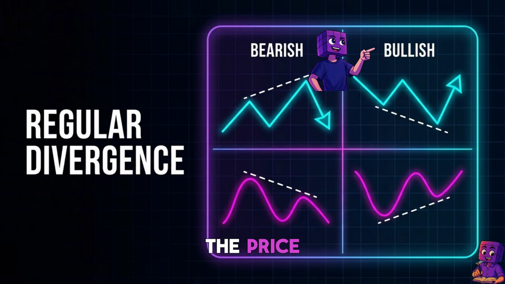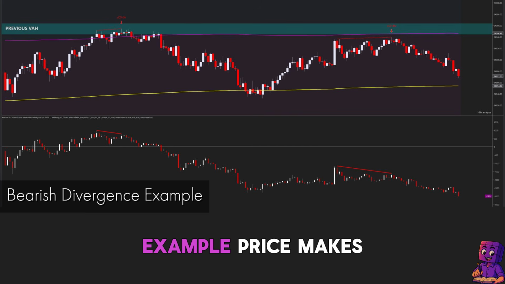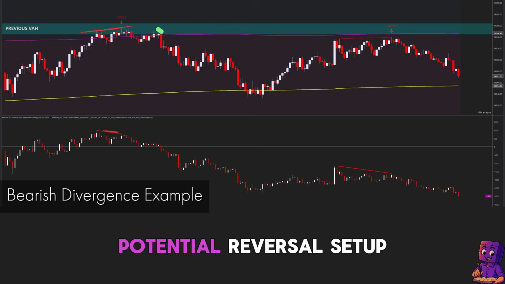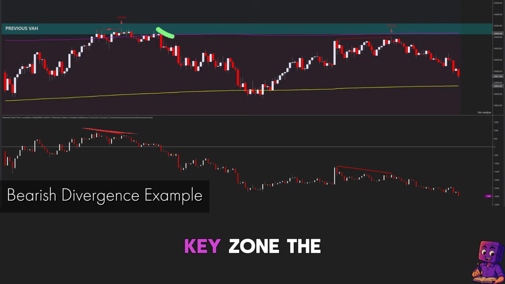Delta should follow the price. If it does the opposite, we have clues. Example: price makes a higher high into resistance, but the cumulative delta is flat or even lower than before. The price is going up, delta is not following. That often signals exhaustion, absorption, or a potential reversal setup, especially at a key zone.